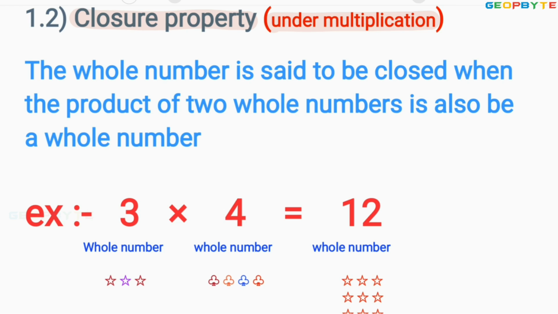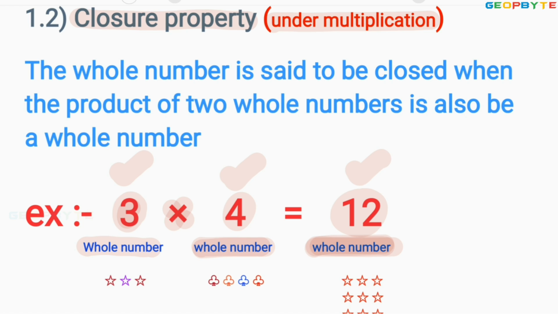Look at the screen. There is 3, a whole number, multiplied with 4, also a whole number. We are multiplying two whole numbers. This is one whole number, and the other whole number. 3 multiplied by 4 is how much? 12. 12 is also a whole number.